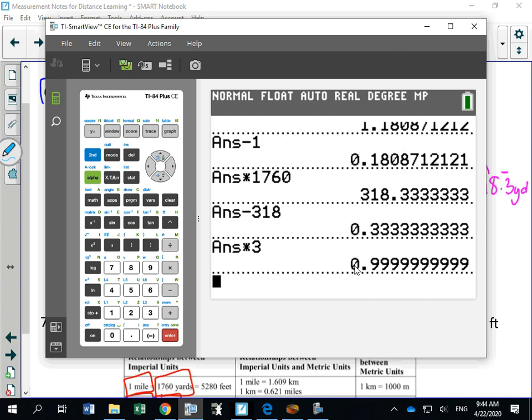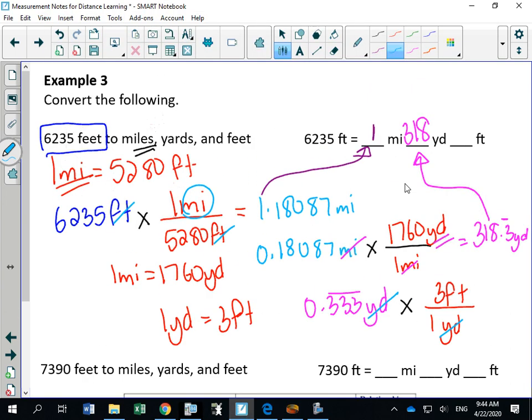If you get to a point where your very last number is a decimal like this, we could round it. It'll always be like 0.99999. And if that happens, you just tell me that it's 1 foot. So 6,283 feet is 1 mile, 318 yards, and 1 foot.